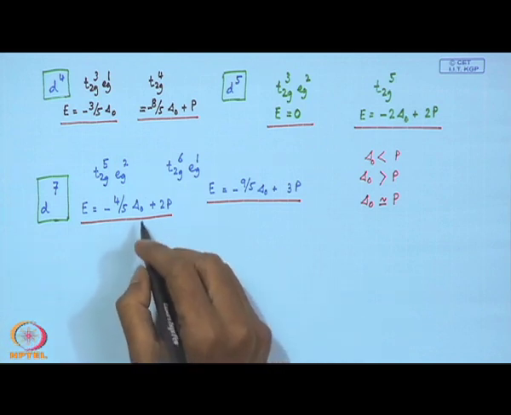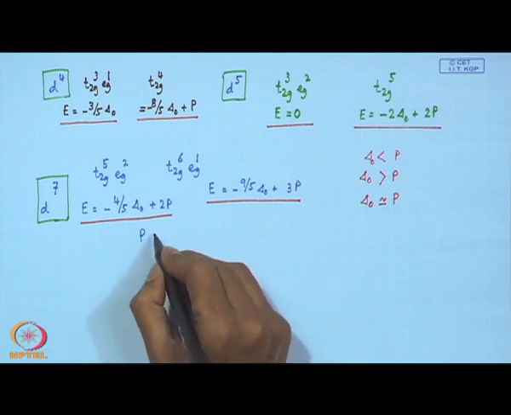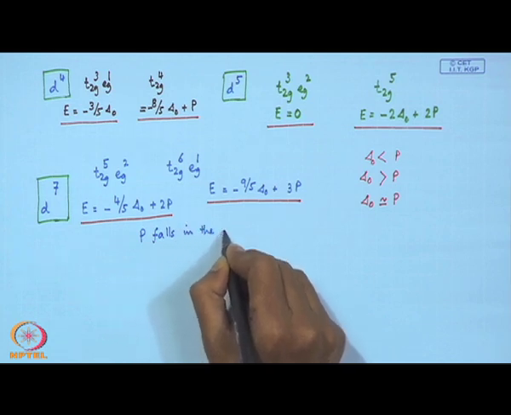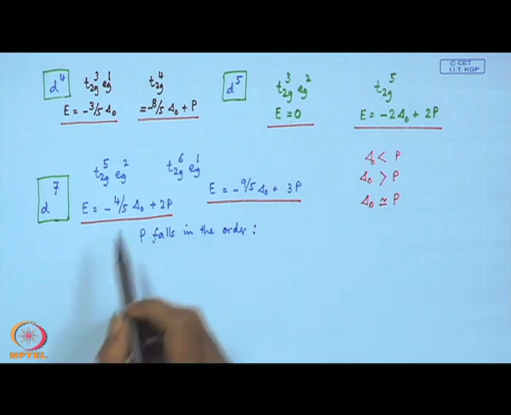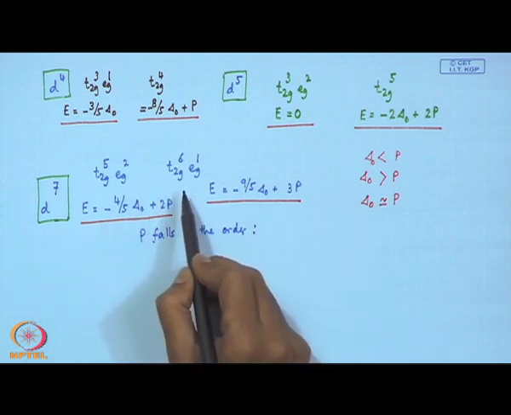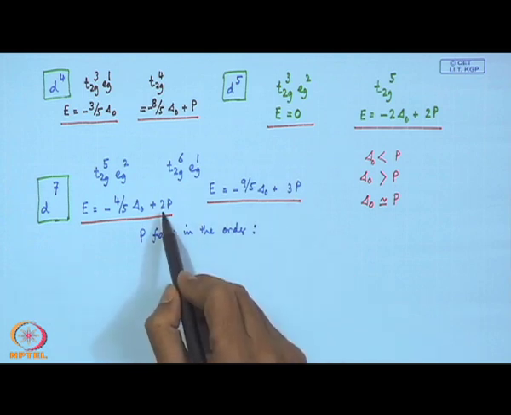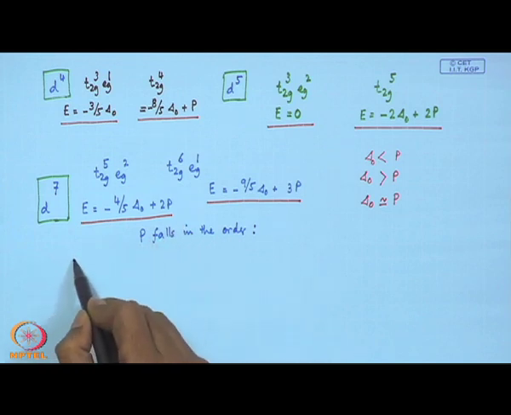But what about the nature of this P for the different compounds? P is nothing but the pairing energy, when we have a large number of electrons, like 3 such pairings and 2 such pairings, and one orbital is shared by 2 electrons.